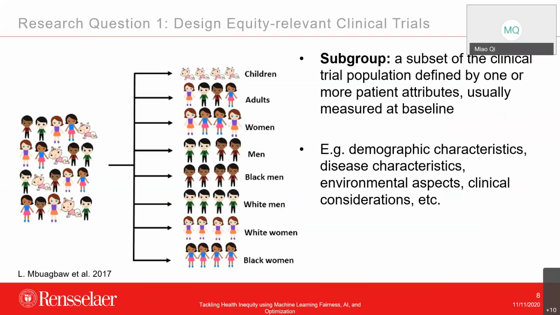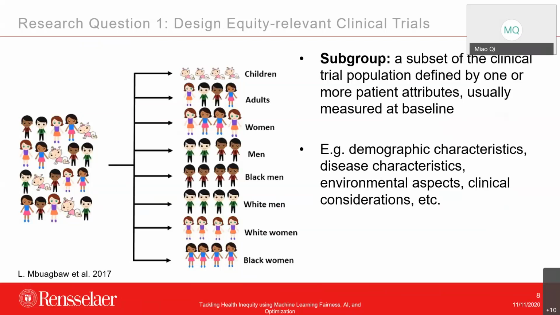So we emphasize that all relevant equity factors should be captured at the baseline, which is at the enrollment stage. Designing equity considerations in a mixed population, like the figure shown here, will include powering the study for the subgroups of interest, especially if these subgroups are included as part of the main study question.